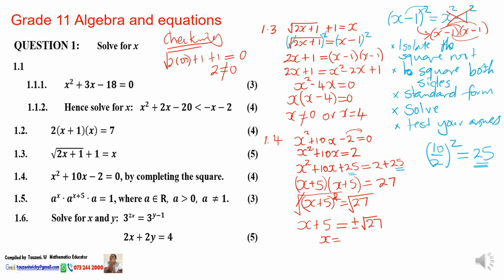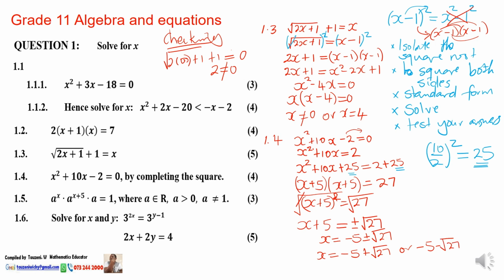It will become a negative 5. So this is negative 5 plus or minus the square root of 27. Then our two solutions for this equation come from separating the plus and minus. The first solution is negative 5 plus the square root of 27, and the second solution is negative 5 minus the square root of 27.